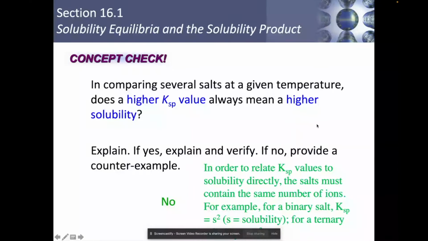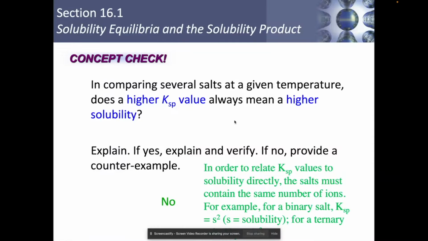So if I have something that dissociates like silver chloride, that's one silver cation and one chloride anion, and I were comparing it to something like barium chloride, that's one barium and two chlorides. That would not be a very fair comparison because we're going to end up with different numbers no matter what anyway.